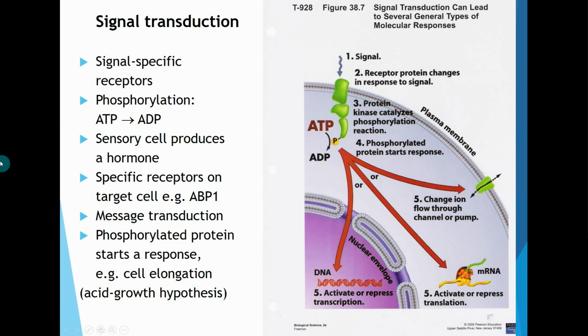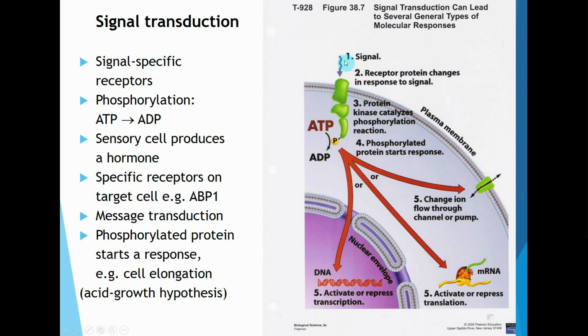Okay, so signal specific receptors. On your plasma membrane, you'll have specific receptors that will respond to specific signals. You have one for light, you have one for touch, you have one for ROS, mechanical damage, etc.